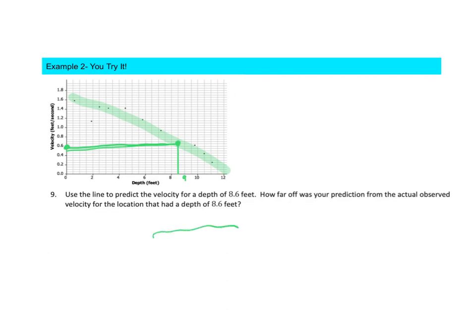You don't need to write anything here. I just wanted you to check for yourself and see if your prediction line matches the actual point that they give you, because they do actually have a point at 8.6 feet. Okay?